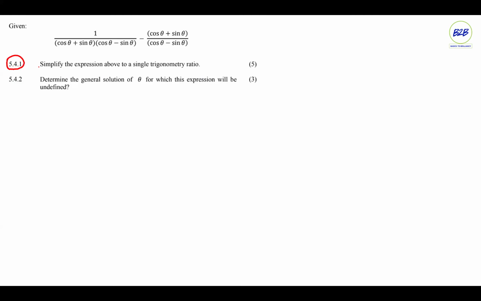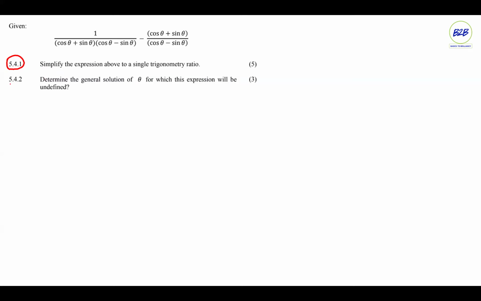We have an episode assigned specifically for this objective, which is to simplify these expressions. I can't recall which episode that was, but within this series there is an episode whereby we simplify trigonometric expressions. Perhaps you can go and revise that. So we won't do 5.4.1.